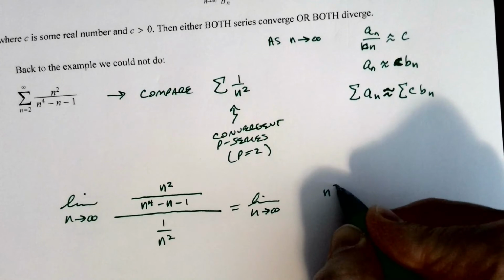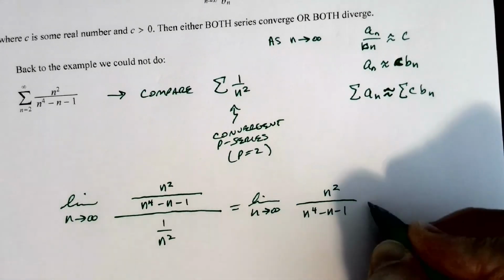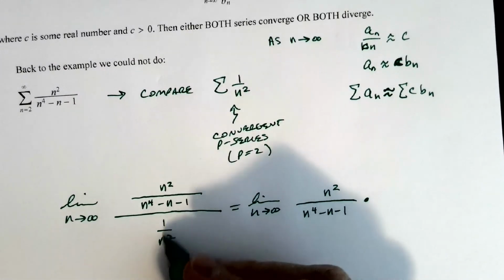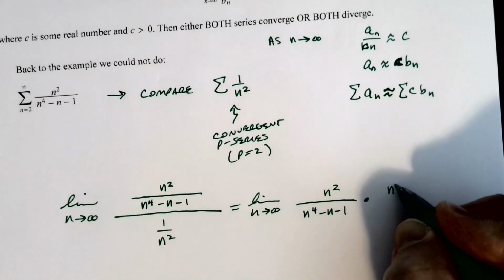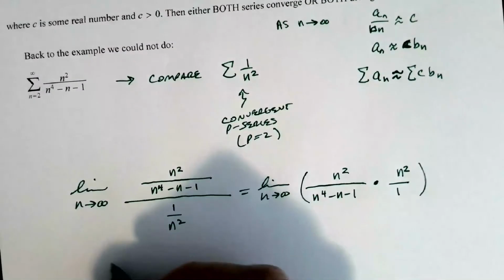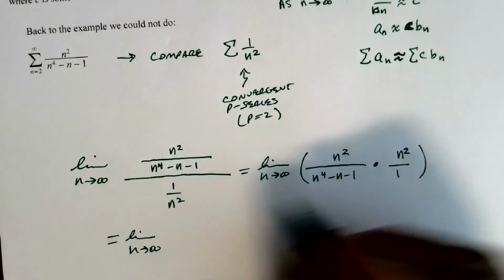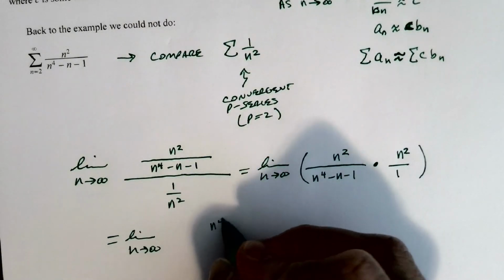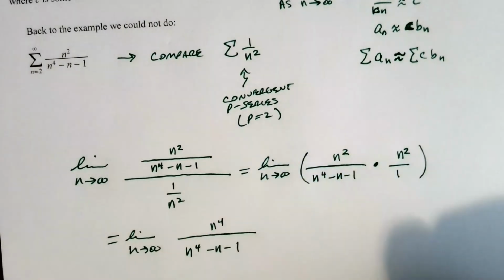We take this fraction up top and divide by 1 over n squared, same as multiplying by the reciprocal. Now I can multiply up top, and n squared times n squared is n to the fourth. In the bottom I get n to the fourth minus n minus 1.